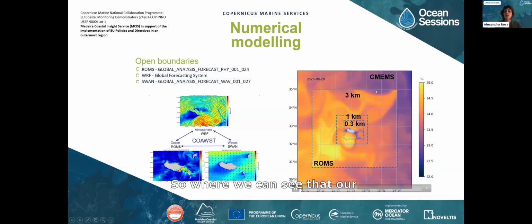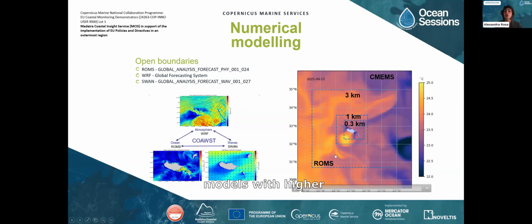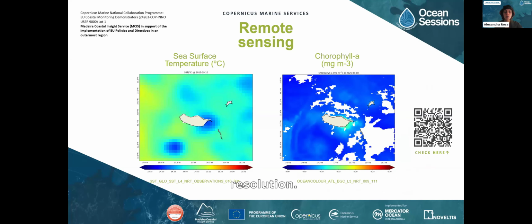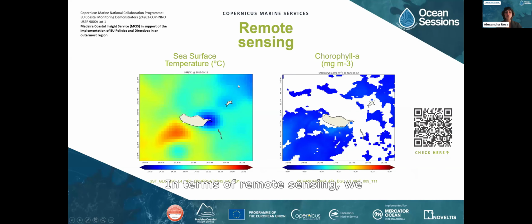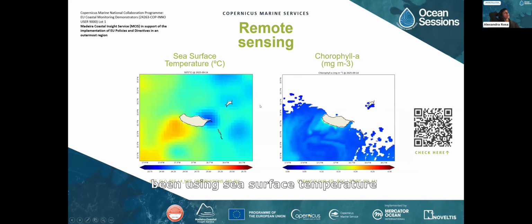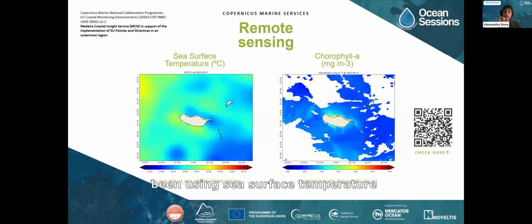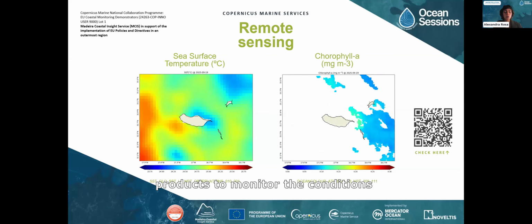So we can see that our models with higher spatial resolution are fed with CMEMS models, and then we have more downscaling, and we are able to predict the conditions around the island at around 300 meters of spatial resolution.